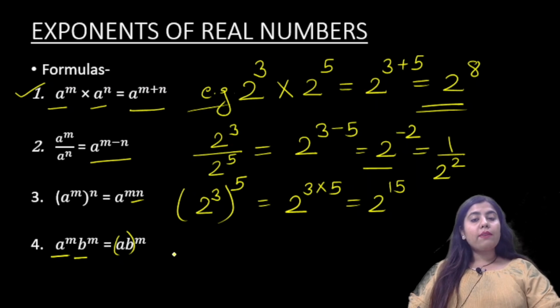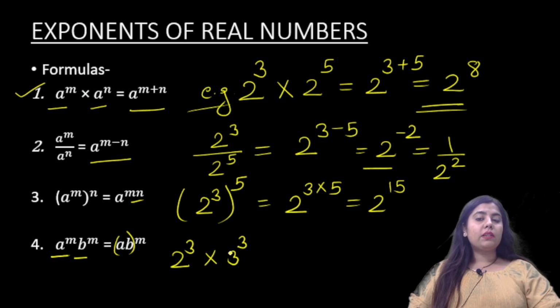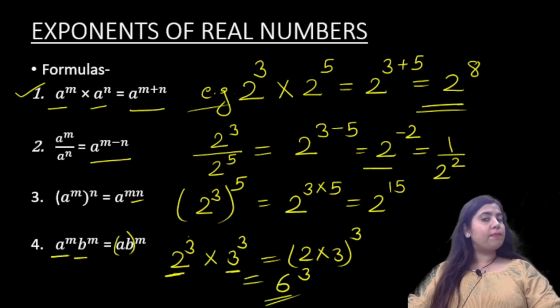For example, if we have 2 raised to the power 3 multiply 3 raised to the power 3, then we multiply this 2 and this 3, means 2 multiply 3, and the power remains same here. Now it is equal to 2 multiply 3 is 6 raised to the power 3.